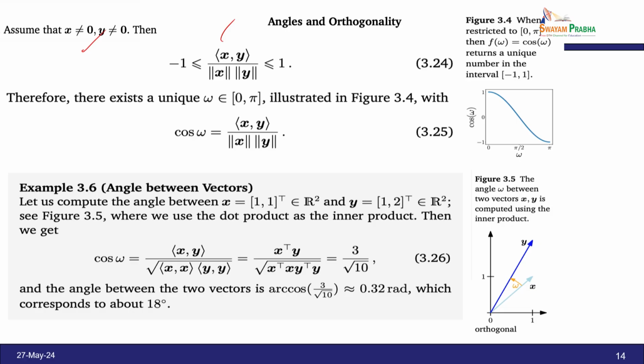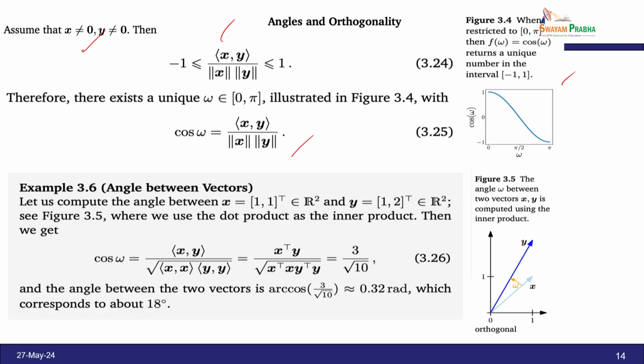For example, in figure 3.4, when restricted to 0 comma pi, f of omega equal to cos omega returns a unique number in the interval minus 1 comma 1, and therefore there exists a unique omega in 0 comma pi. We have an illustrated example of cos omega equal to the inner product of x comma y by norm x into norm y.